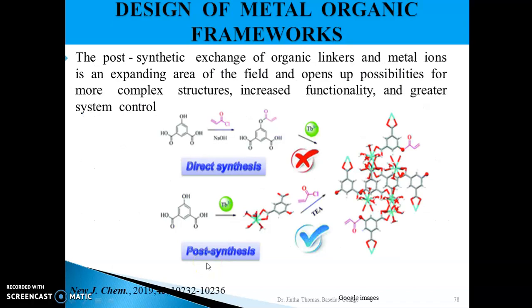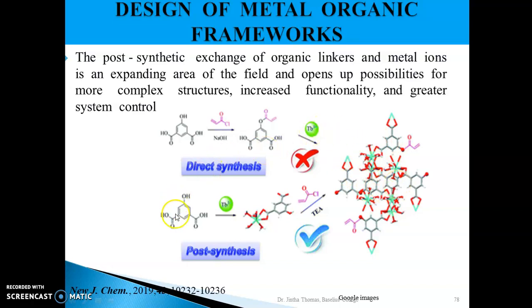This concept will be clear with this example. Imagine if you want to synthesize a metal organic framework as you see here that contains this particular group on the surface. So if we start to synthesize it from the ligand, and we are trying initially itself to attach this particular group into this ligand, imagine we get this product, and if we are trying to add the metal center, we may not get this final product. We may get a different product, or it may not get coordinated.